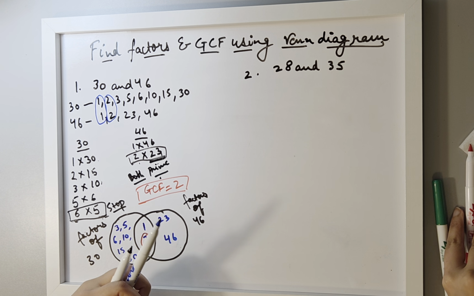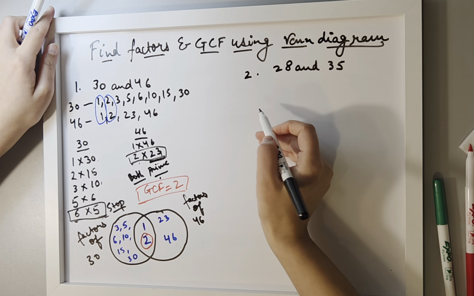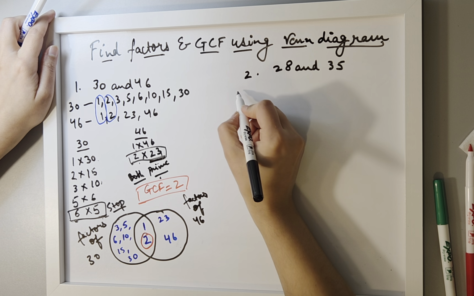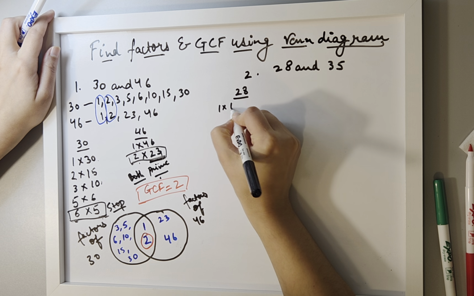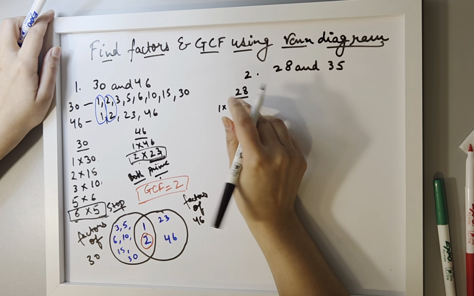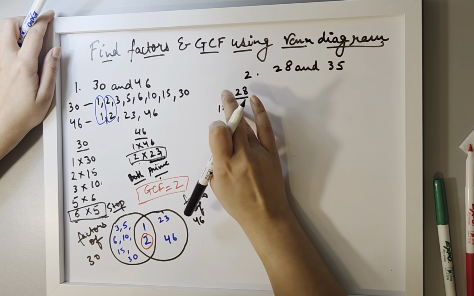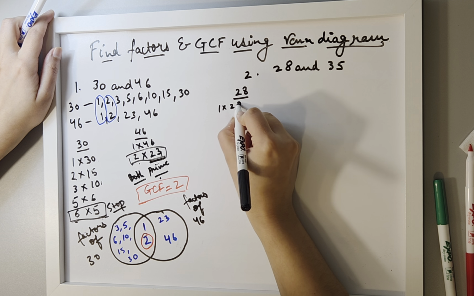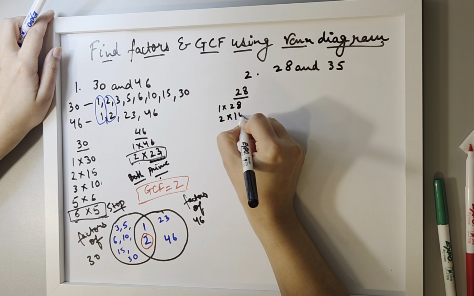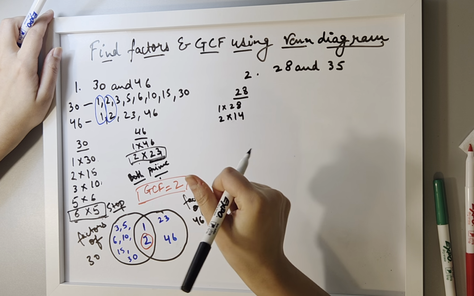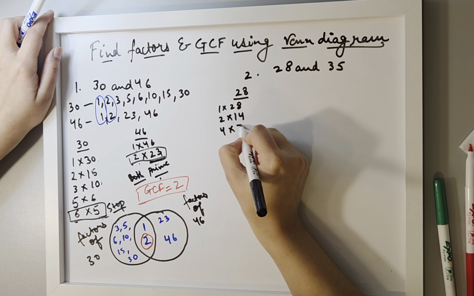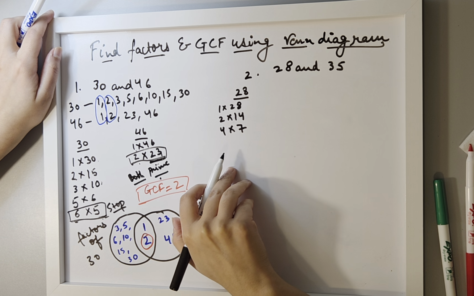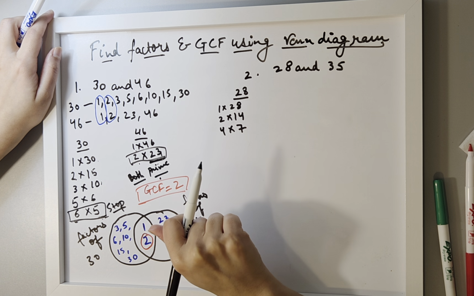Let's do another example. So here 28. Okay, so again we try to find the factors for 28. So 1 into 28, 2 into 14, what else? 3, it doesn't get divided by 3, 4, 4 sevens are 28, what else?